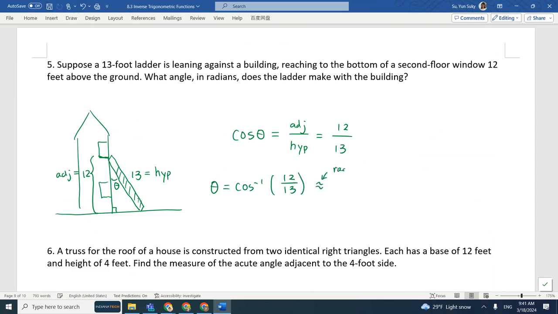Make sure you're in radian mode because the problem asks you to find the radian. Use your calculator, change to radian mode, and then take inverse cosine of 12 over 13. What do you get?